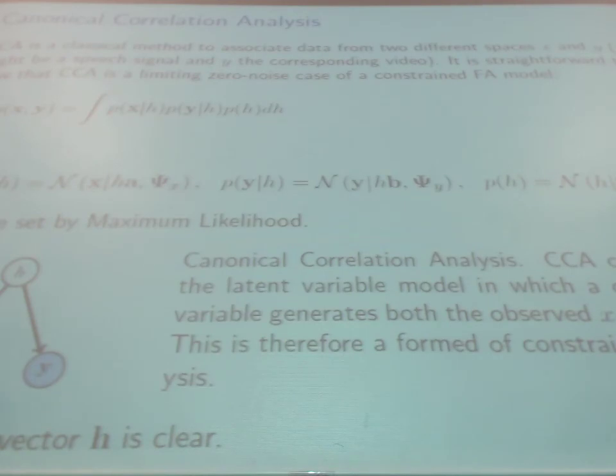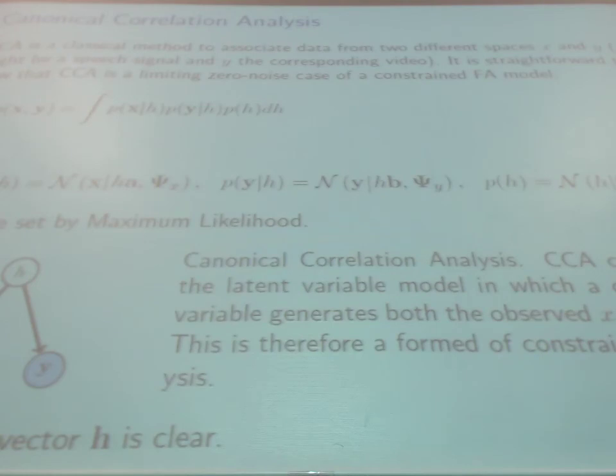So you might think there's something which is going to correlate these two streams of information. For example, I would expect that the mouth should be correlated with the sound, right?